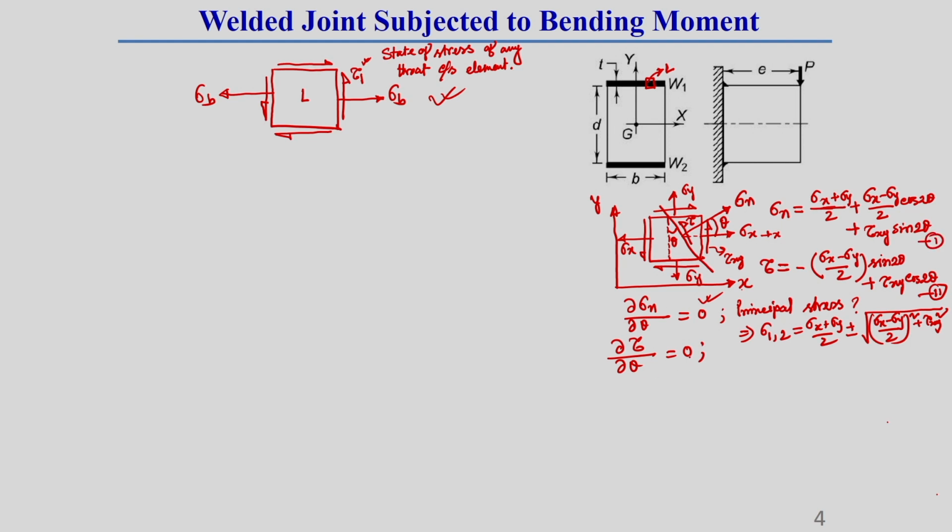By differentiating, we get minus sigma x minus sigma y by 2 cos 2 theta into 2, minus tau x y sin 2 theta into 2, because here we will use the maximum shear stress criteria. I am showing how to get the maximum shear stress in these types of welding conditions.